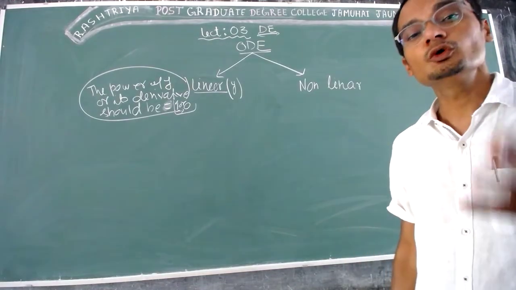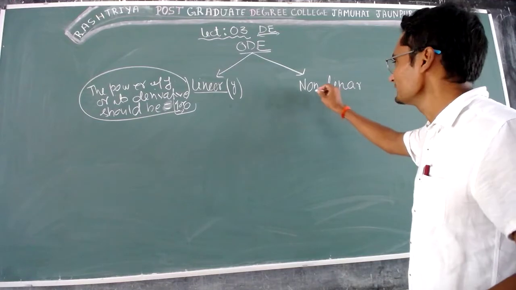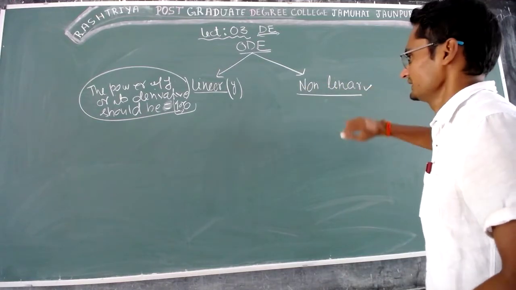If the power is 2, 3, 4, then it is non-linear.